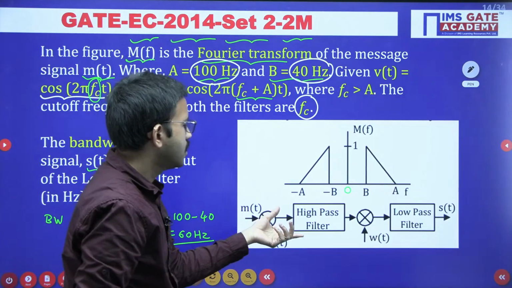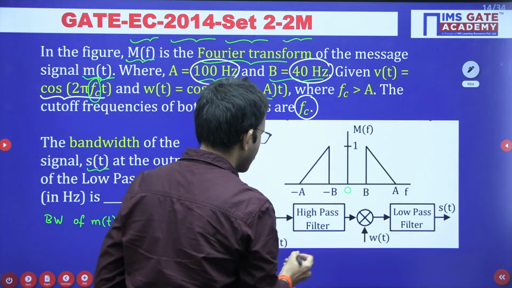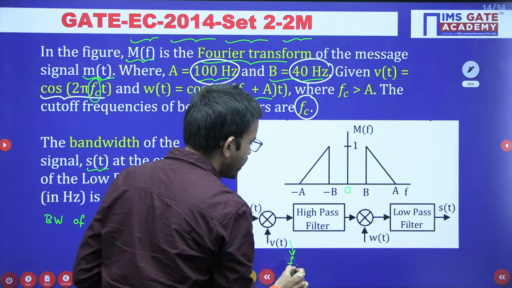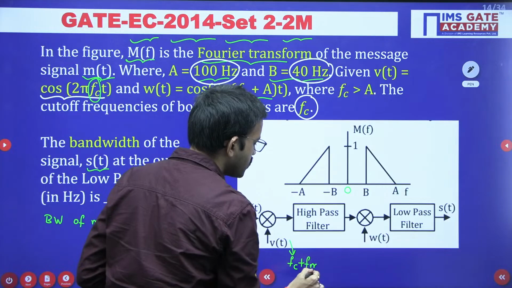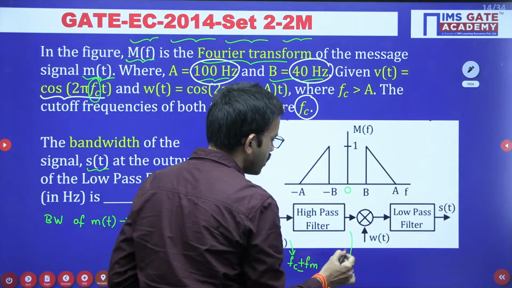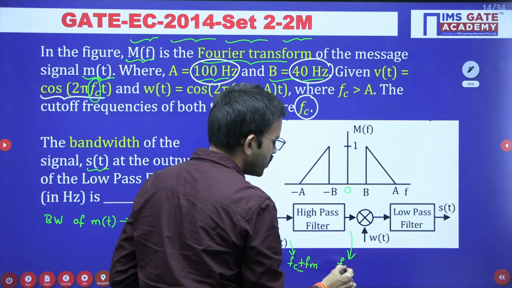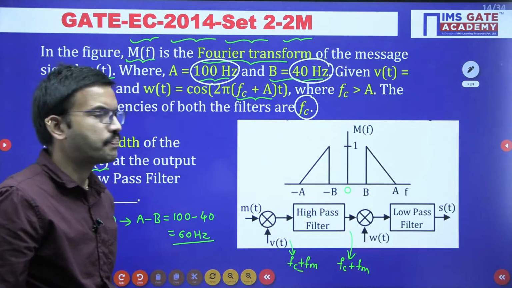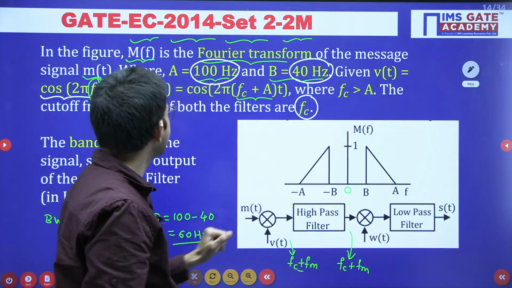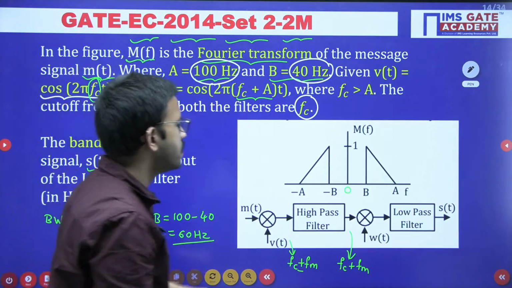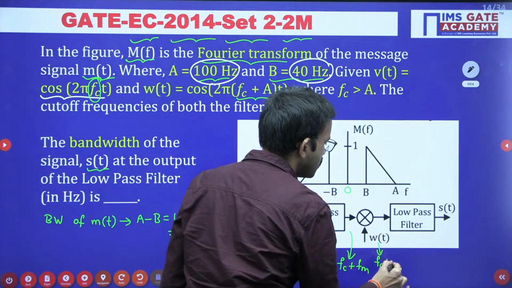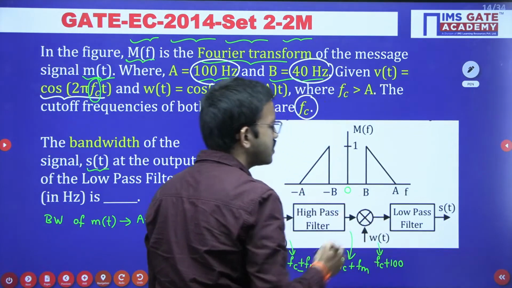So here with the high pass filter, you are going to get only Fc plus Fm. Now regarding W(t), you are having Fc plus A, where A is nothing but 100.